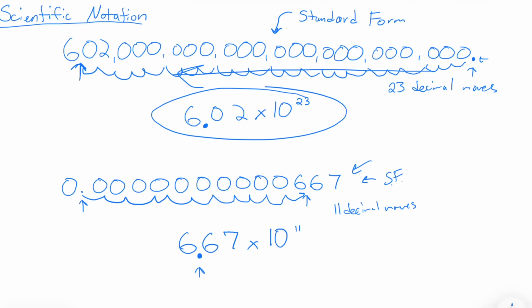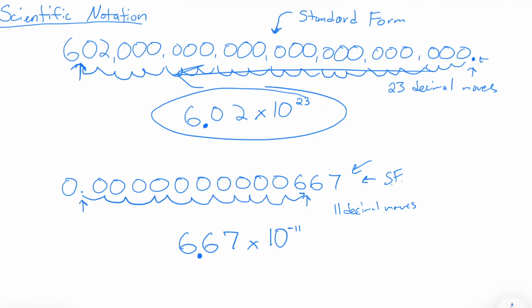We did have 11 moves of our decimal, so we do want an exponent of 11, but actually, this is times 10 to the negative 11th because 10 to the negative 11th will make a smaller number rather than a larger number. So if we express the universal gravitational constant, 0.000000000667, in scientific notation, then we'll end up with a number that's a little bit easier to say without all those zeros, and that is a little bit easier to write down here, all right?